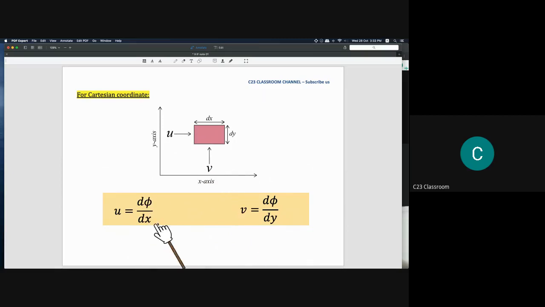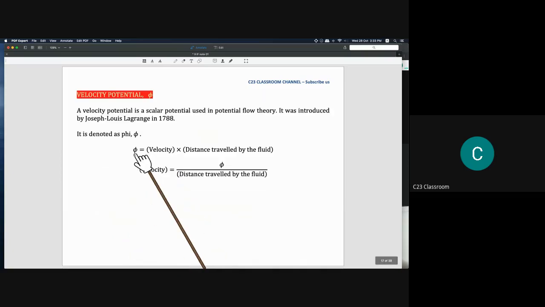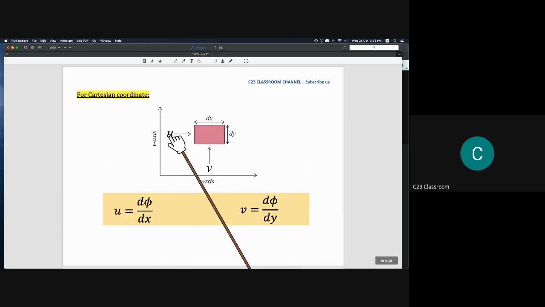We get this because we take the definition of phi as velocity times the distance traveled by the fluid. So the velocity becomes phi divided by the distance. So for here, u is equal to d phi divided by the distance it travels, which is now dx. And then v is d phi divided by dy.